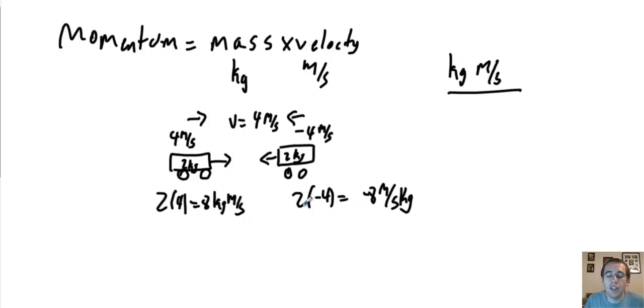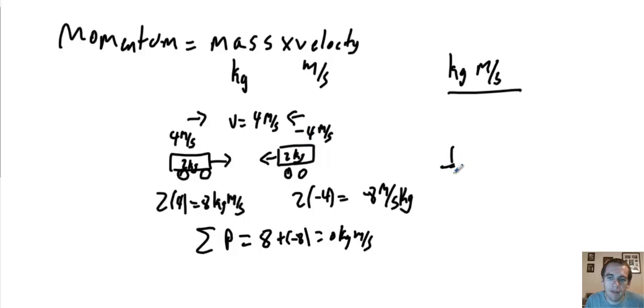Now, what's interesting about that is if we add up those two momentums, they would sum up to 0. So I could say the total momentum is 8 plus a negative 8, which equals 0 kilogram meters per second. Even though they don't have 0 energy, right? Because kinetic energy is 1/2 mv squared. This negative is actually going to get squared out of the equation.